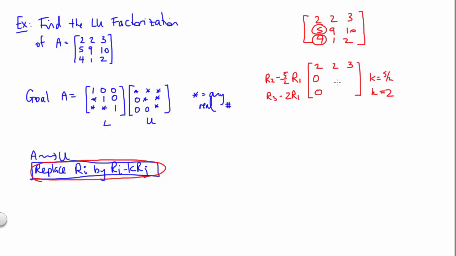2, 2, 3. If we do row 2 minus 5 halves row 1, we're going to have 0, 4, and if we want to do a little calculation over on the side here, we'll have 10 minus 5 halves times 3. In other words, 20 halves minus 15 halves. In other words, 5 halves.